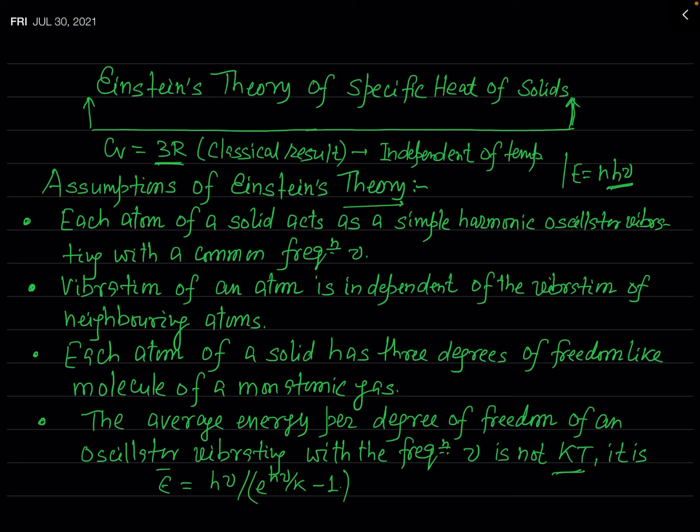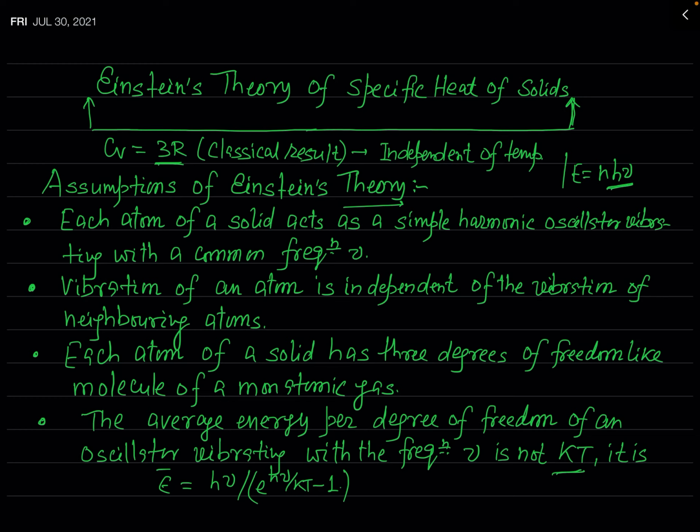To find the average energy per atom, or per oscillator per degree of freedom, Einstein utilized Max Planck's formula, which is epsilon bar equal to h nu divided by e to the power h nu by kT minus 1.